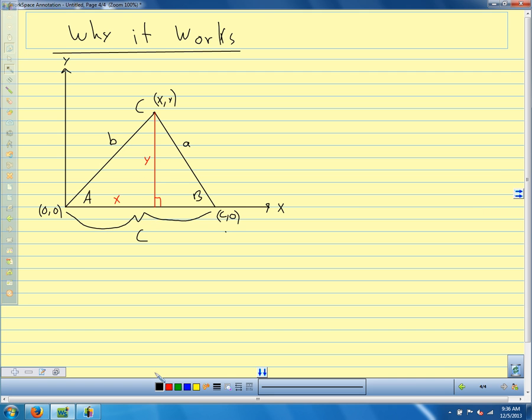Now we're set to find our law of cosines. We're going to use a distance formula to find the length of A. And I'm going to say that A is the square root of x2 minus x1 squared plus y2 minus y1 squared.